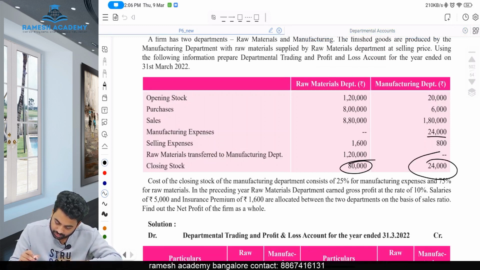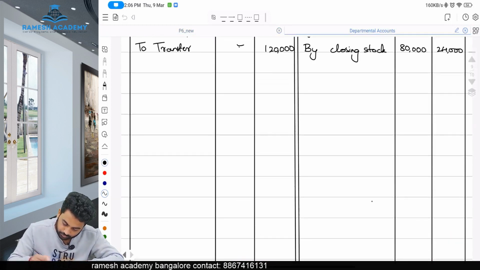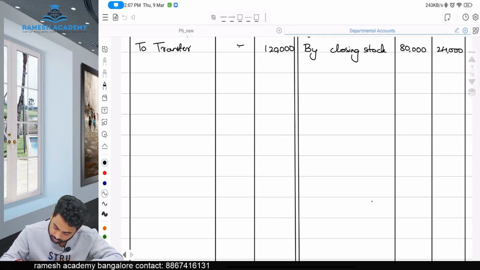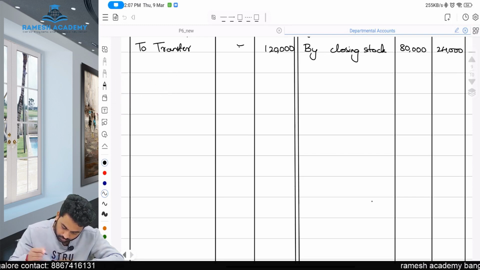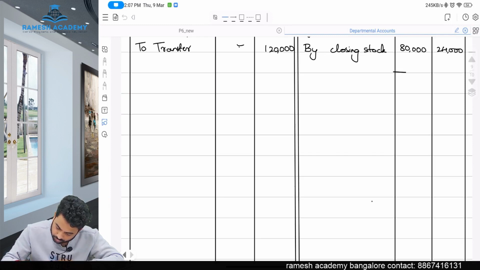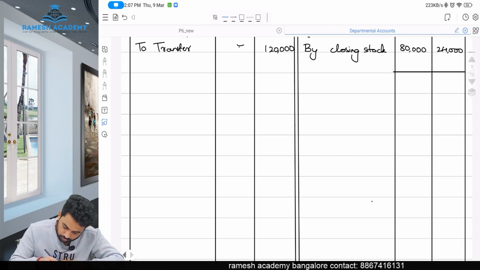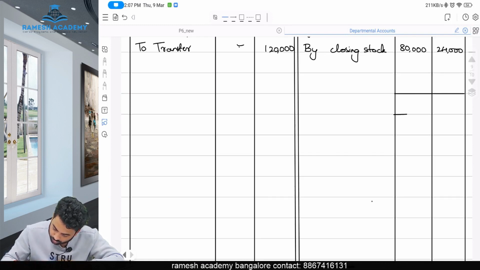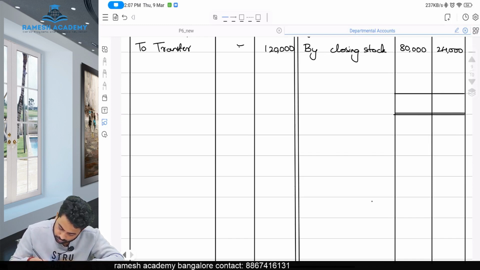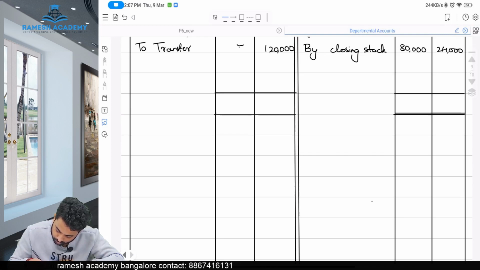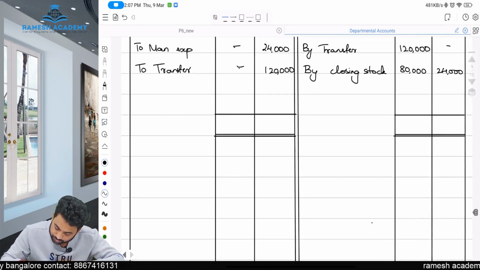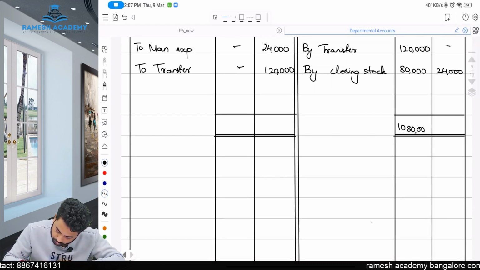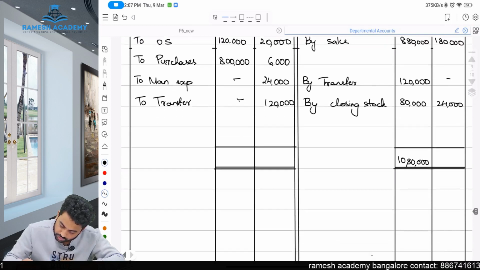So we can find out the gross profit now, right? $880 plus 120, 1080.